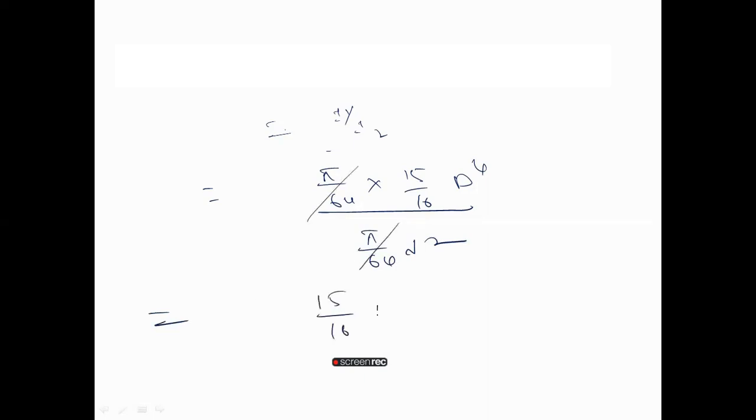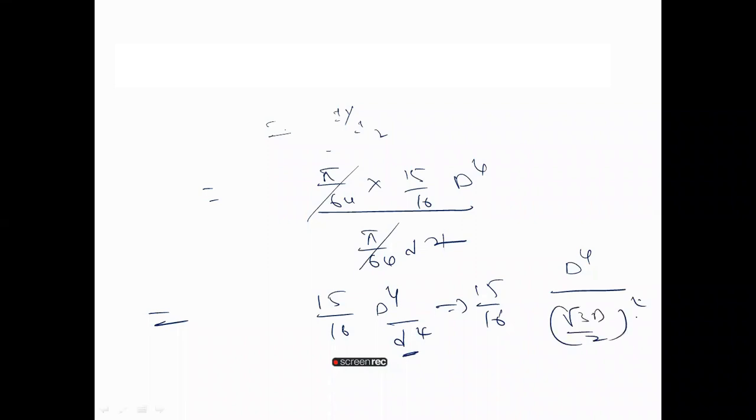Then the remaining is 15 by 16 capital D power 4 divided by small d, which we know already, root 3 capital D by 2 whole power 4.